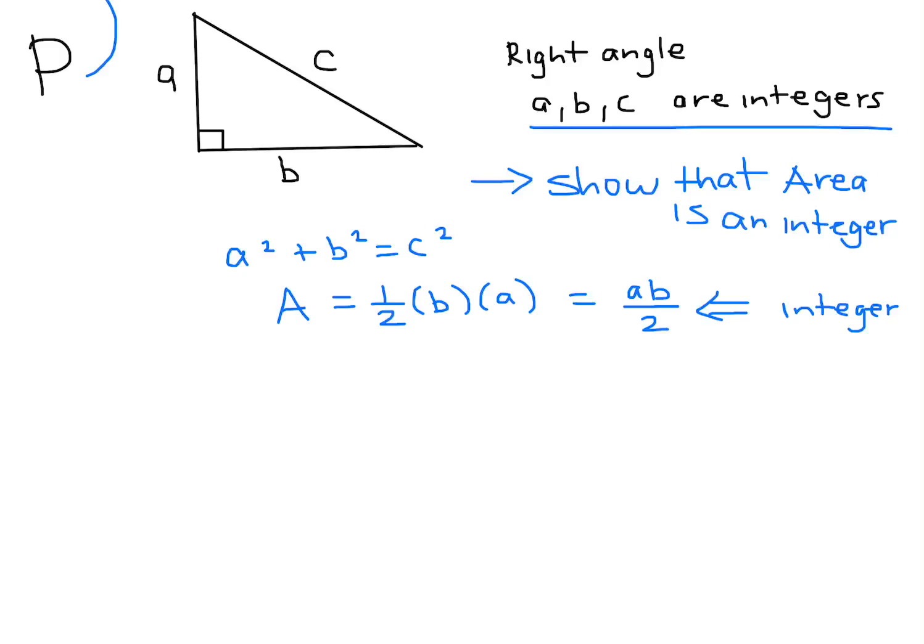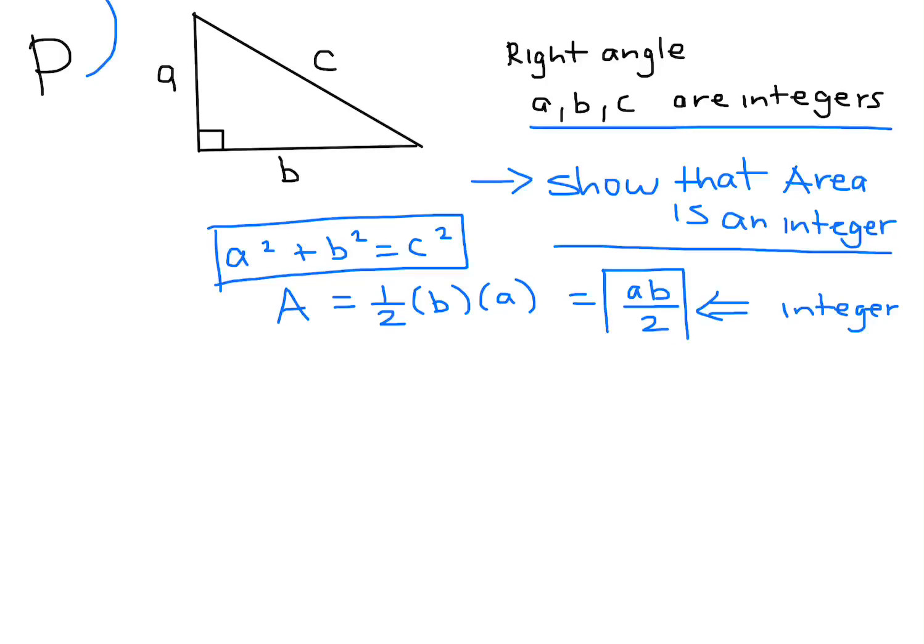We have to show that it's always an integer, because every single one of these Pythagorean triangles has to be shown to be Heronian, and therefore we have to show that the area is always an integer. All right, well, we can use basically the only two things we have. We only have this relationship and we only have this expression.